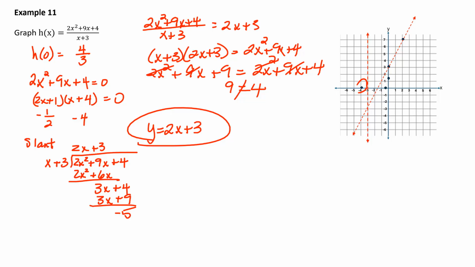There's really no way it could start above and then, as it moves to the right, go below, because it has to be approaching the slant asymptote, and there's no way it could be approaching either asymptote if it's coming in from -infinity like this. It's not near either one of them. So it would have to come in from -infinity like this, so that it's approaching the asymptotes. There's only one way that can happen.